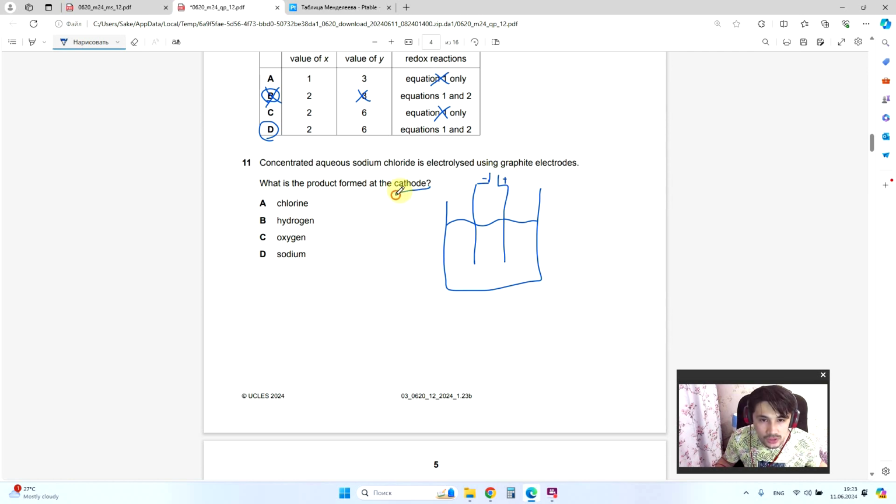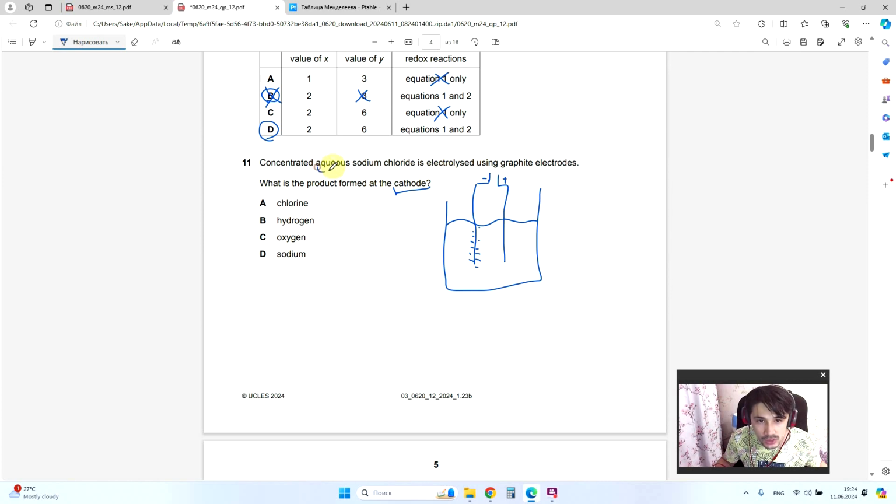You need to know what type of ions are going to be discharged during the electrolysis. Electrolysis is simply a chemical decomposition by means of electricity. On the cathode you have positively charged ions surrounding the electrode. So what kind of positive ions do we have here?